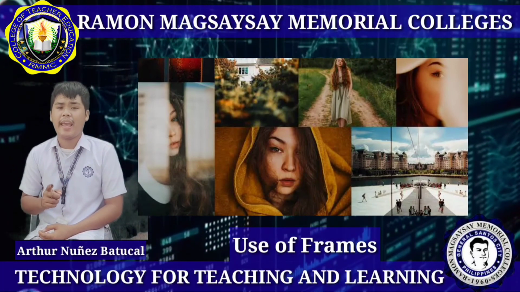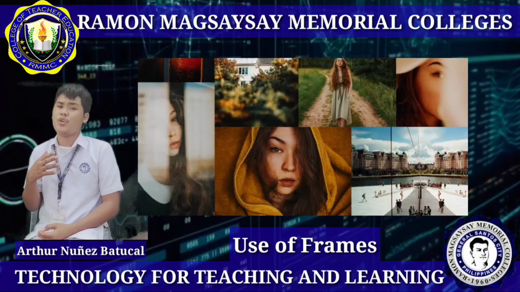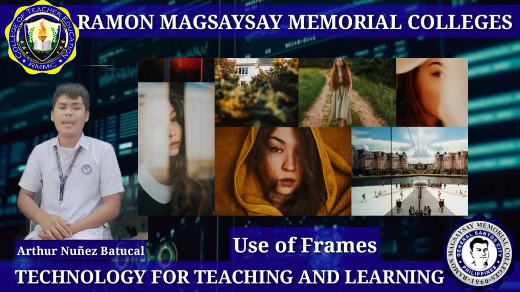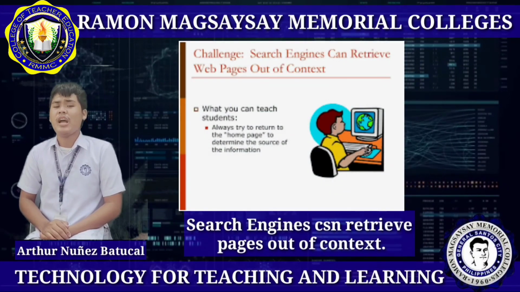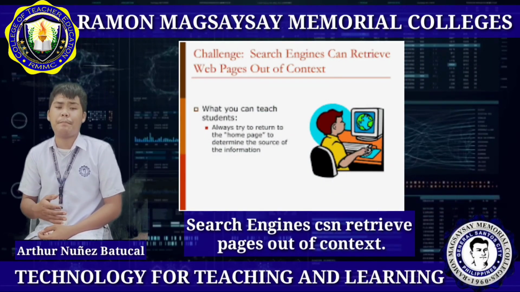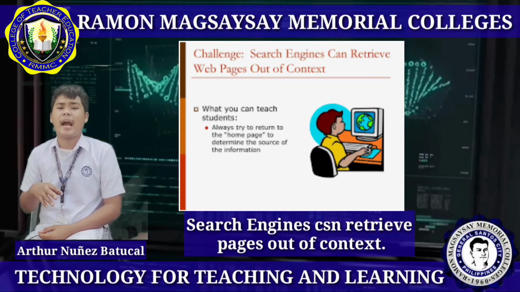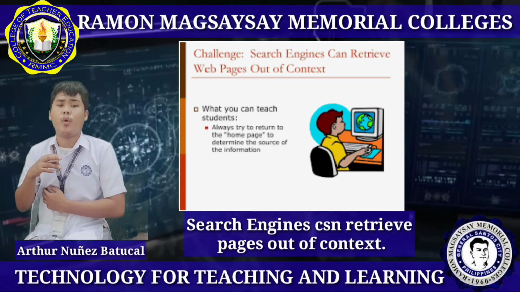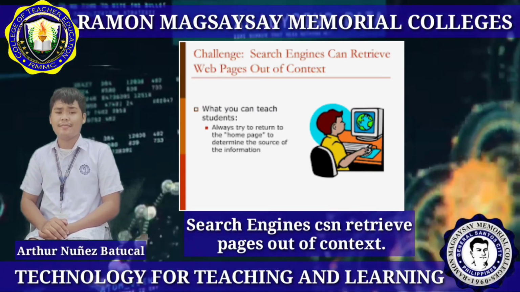Each frame is a separate web page. Each frame should likewise be evaluated separately. Third, search engines can retrieve pages out of context. Always try to return to the home page to determine the source of information.